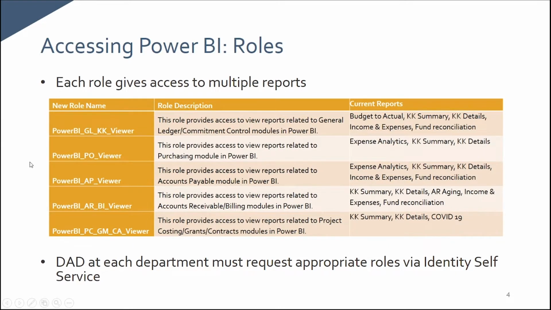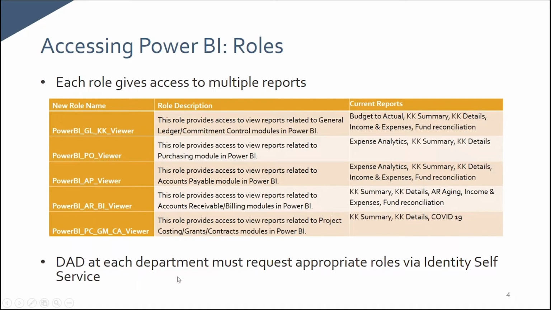We've got 5 Power BI roles, and each one gives access to multiple reports. We used to have 1 role per report, but that ended up being cumbersome. Generally, if somebody needed access to one report, they needed access to the reports like it. And so we harmonized it all into 5 roles. And you can see the reports that each role gives you access to.